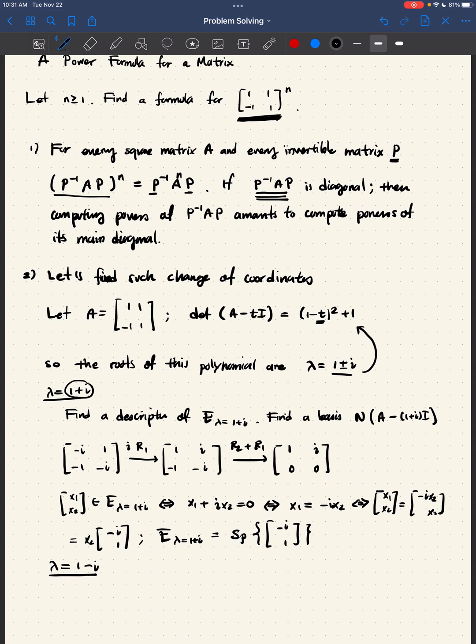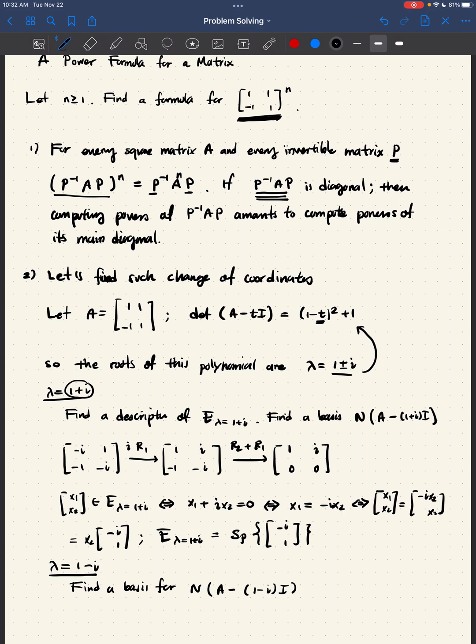Once again, we need to find a basis for the null space of A minus (1 minus i) times the identity. But then, what will this be? Well, let's take a look.